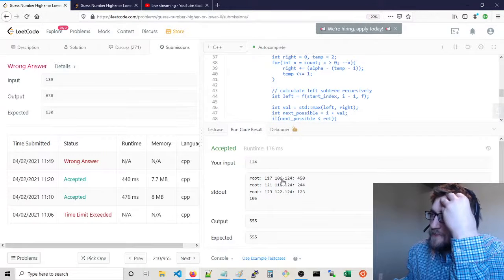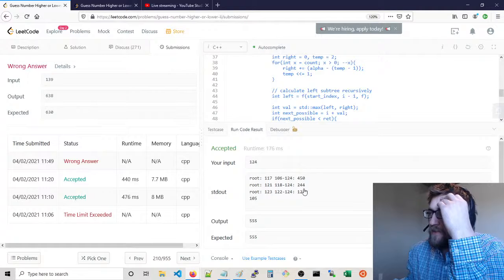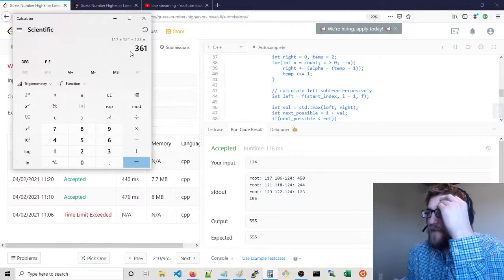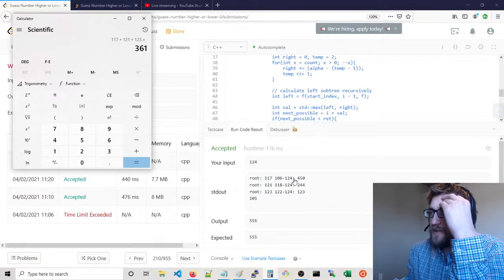So 106 to 124, 117 is on the right side. 121, 123, 450. Am I nuts? Am I going crazy? 117 plus 121 plus 123 minus 450.